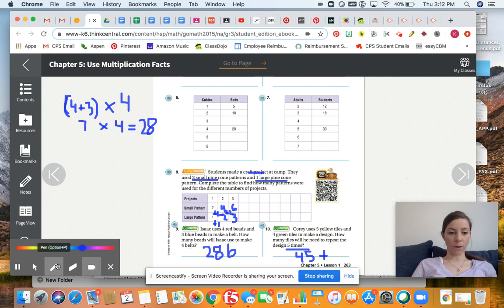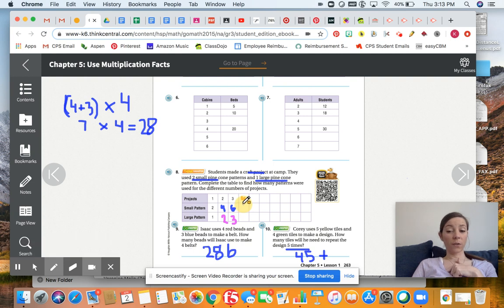It's so hard to write tiny here. Okay, so now what if they finish 4 projects? How many small patterns of pine cones will they need? Again, every time I do a project, I have to have 2 small pine cone patterns. So I'm adding 2 more. 6 plus 2 more is 8.